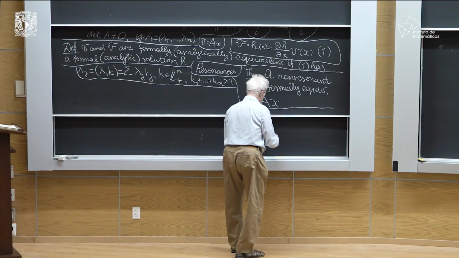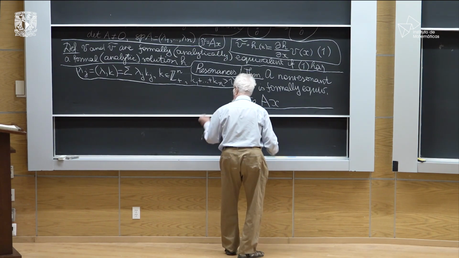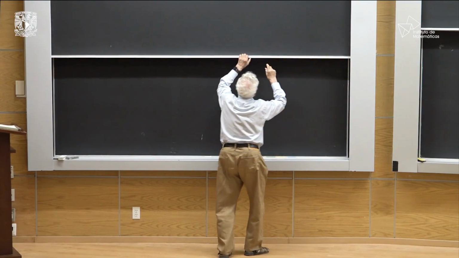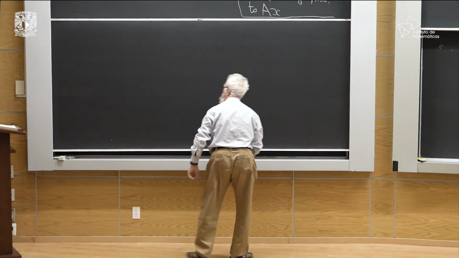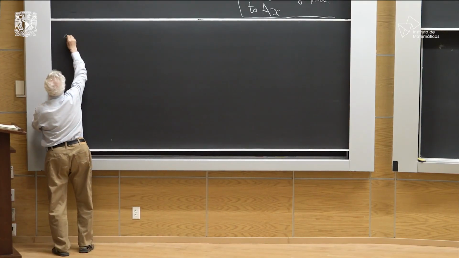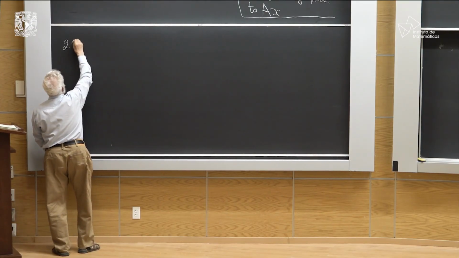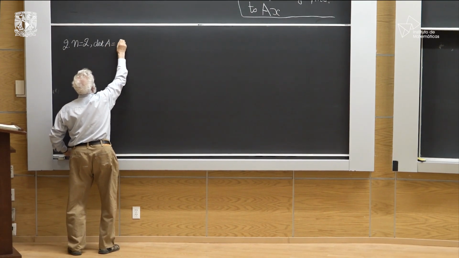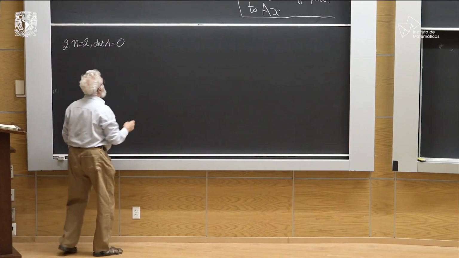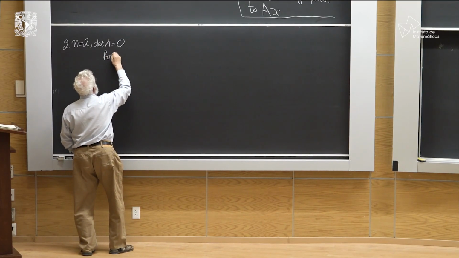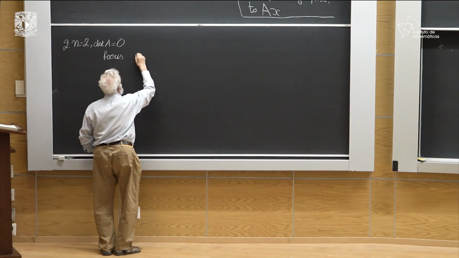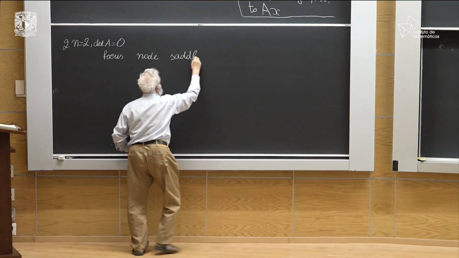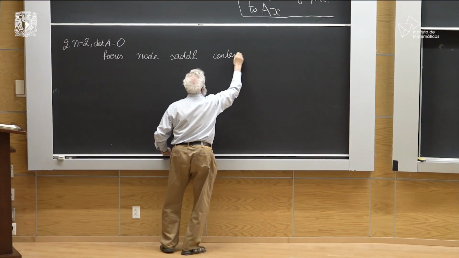So singular points in dimension 2, once again, determinant of A not equal to 0, and we have a linear focus or a linear node or a linear saddle or a center.